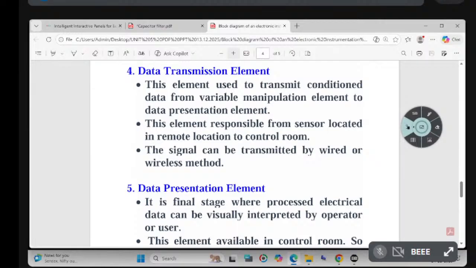It is the final stage. The electrical data can be operated by the user. This presentation is available in the control room in the form of display or records.